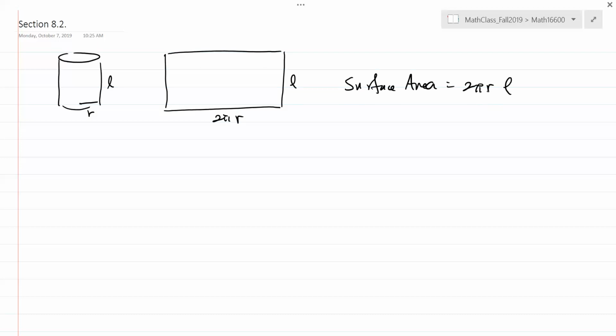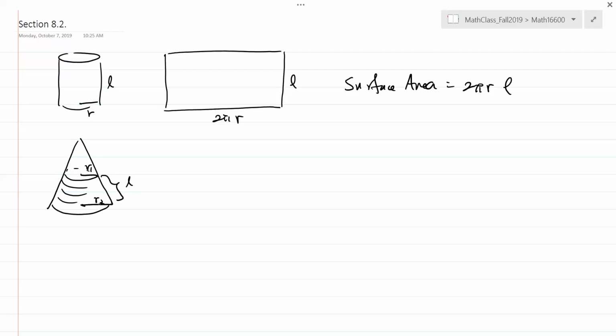Now, the difficult part is how to find the surface area of this portion, a cone without the top. This is L, but you have two radii, R1 and R2.